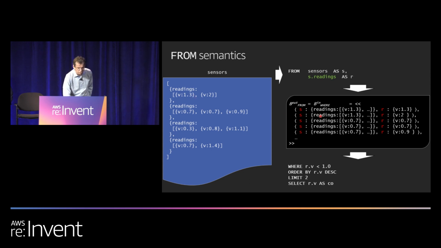And then the second one, again, S is bound to the first tuple, but now R has moved to the second tuple of the first readings, and so on. So the from clause is producing all the combinations that you get out of the entries.